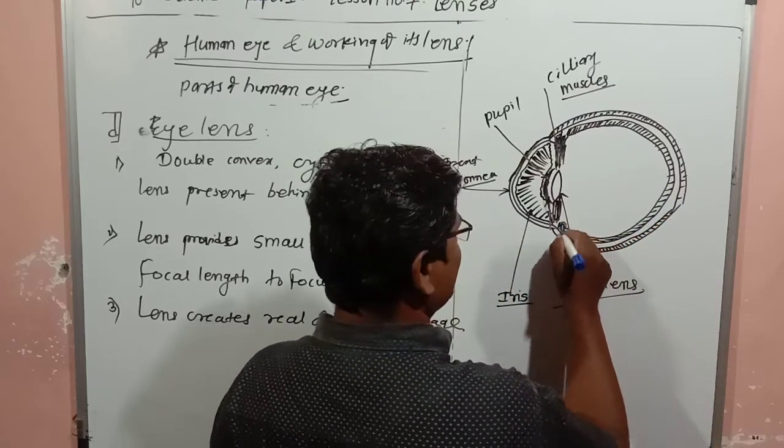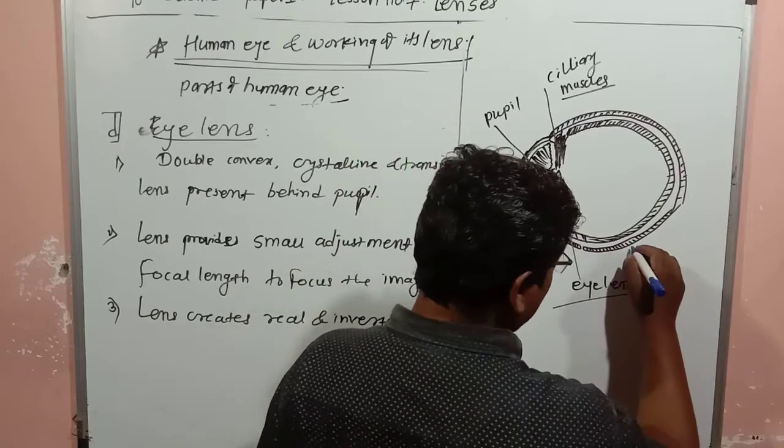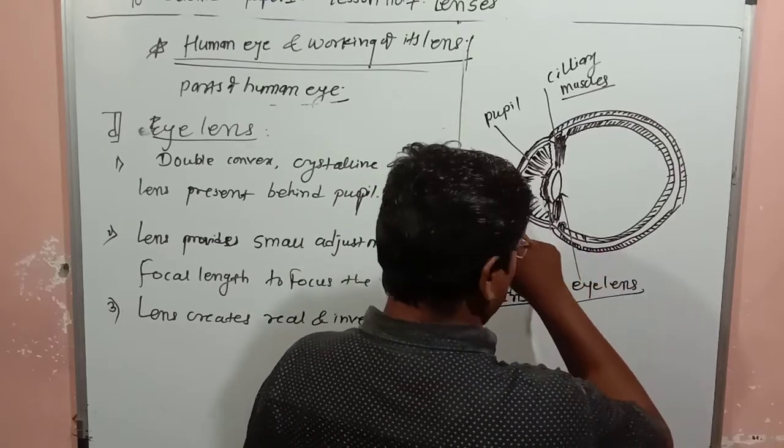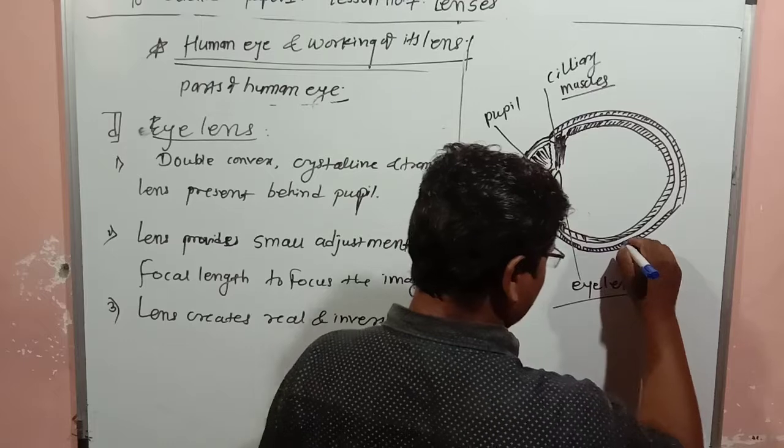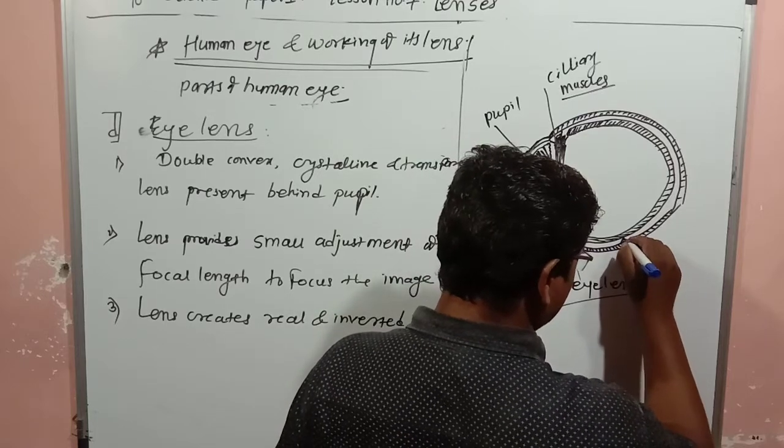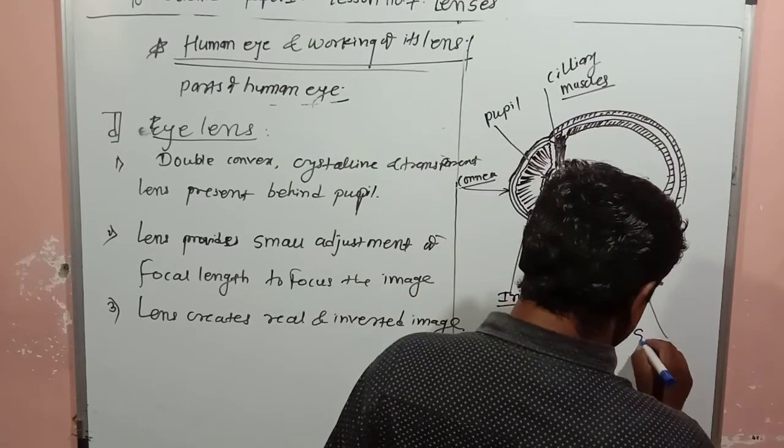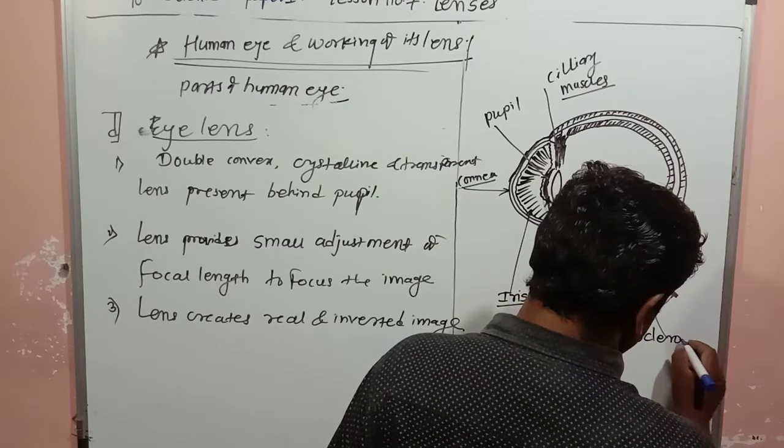So another some names are there. This one outermost is the cornea. This middle white color is there, that one is the sclera.